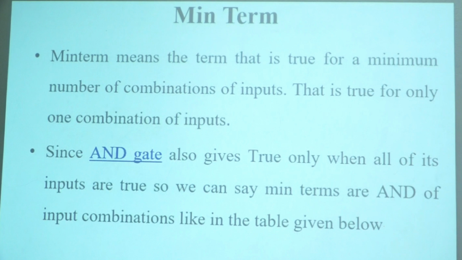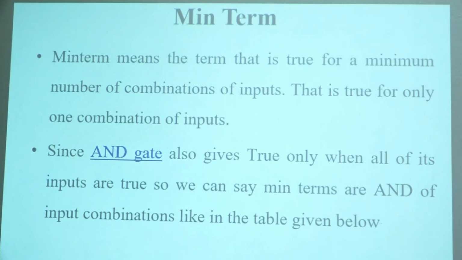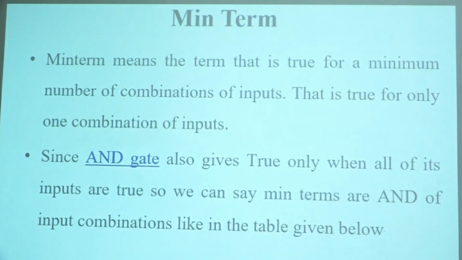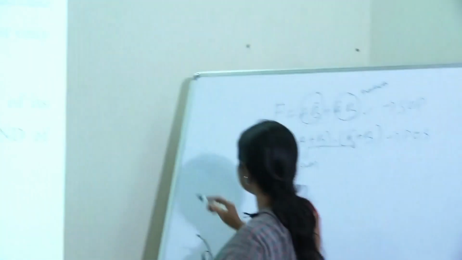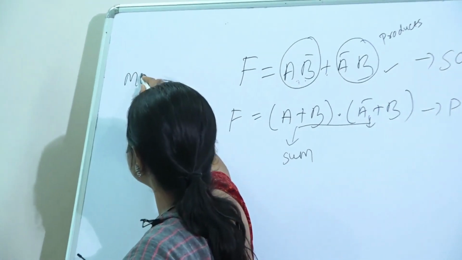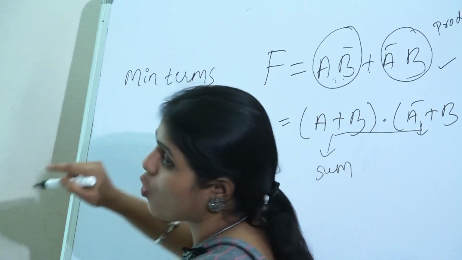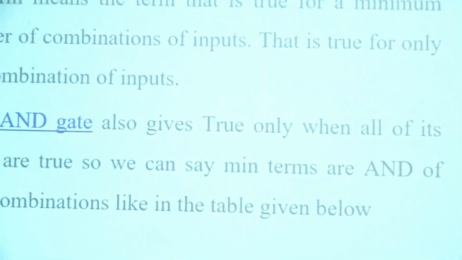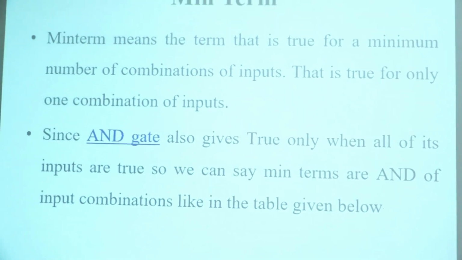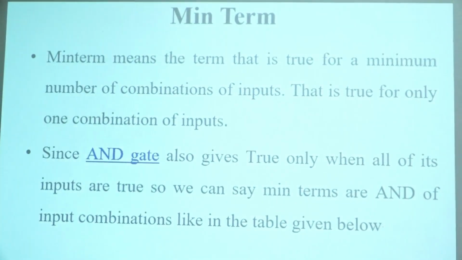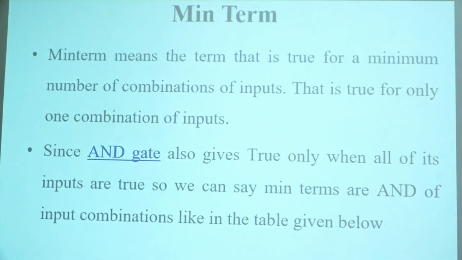So the different product terms of various inputs are summed together. Next, before we actually start with minimizing the expression or understanding the concept of the Boolean function, we will also look into two most important terms which are called min terms and max terms. Okay. So first let's discuss what min terms are all about. A min term basically means the term that is true for the minimum number of combinations of inputs.